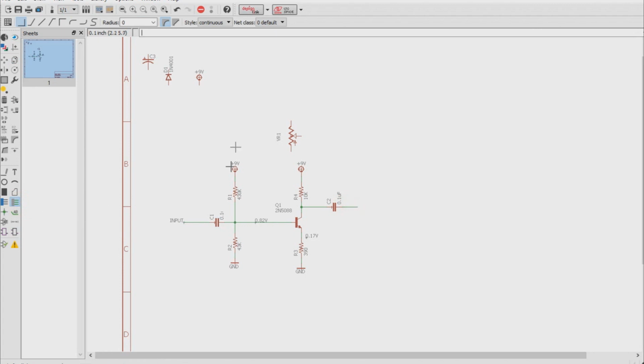And then we're going to put in, lastly, a potentiometer for volume. This is just a 100K pot. We'll assume it's audio, for logarithmic taper. But anyways, we'll call that the output.